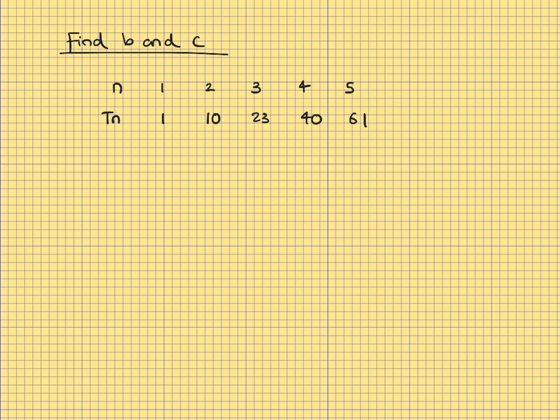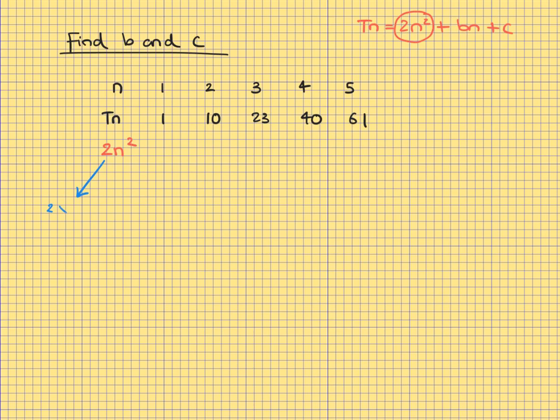The next row of my table is not n squared, because in the formula for the nth term, we know that the formula begins 2n squared plus bn plus c. So in our table, we have 2n squared. Now remember your rules of BIDMAS, your order of operations.